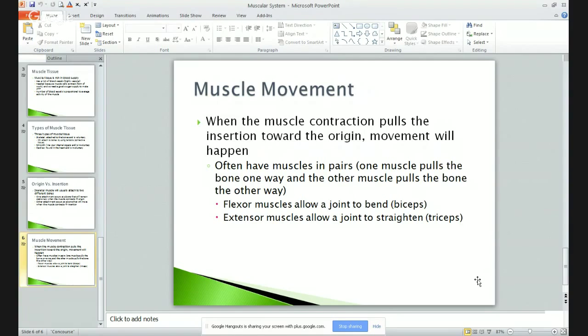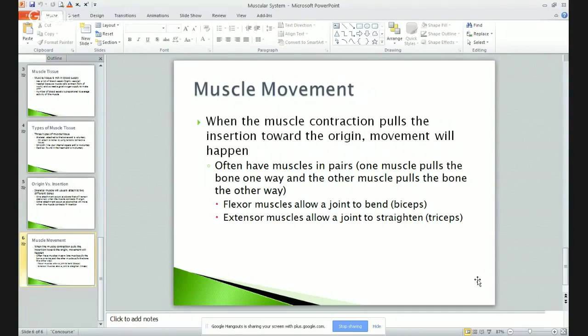Now, to make your arms, or your body in general, move, you often have your muscles in pairs, because one muscle is going to pull it one way and the other muscle is going to pull it the other way. These are called flexor and extensor muscles.